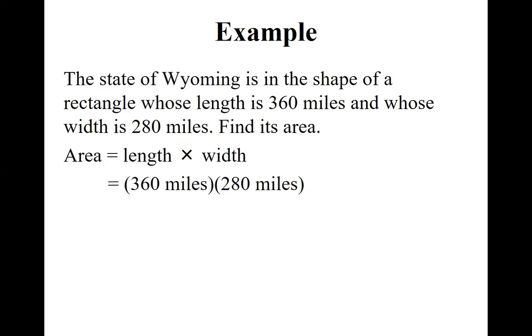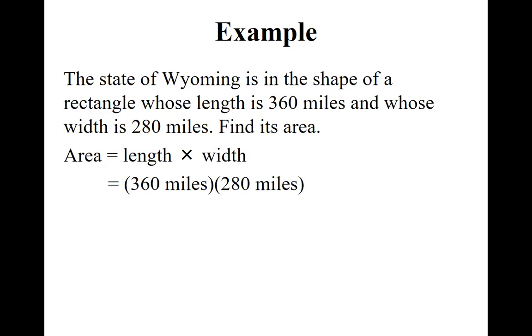0 times 360, get an answer. Move over. 8 times 360, get an answer. Move over. 2 times 360, get an answer. Add the 3 partials together, being sure that you moved over 1 every time.